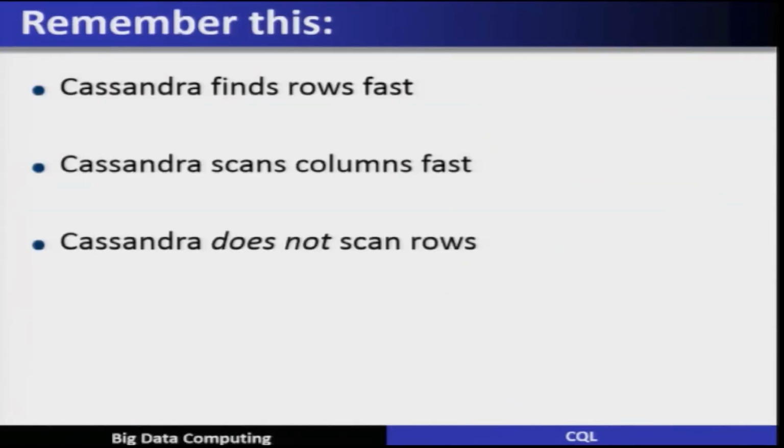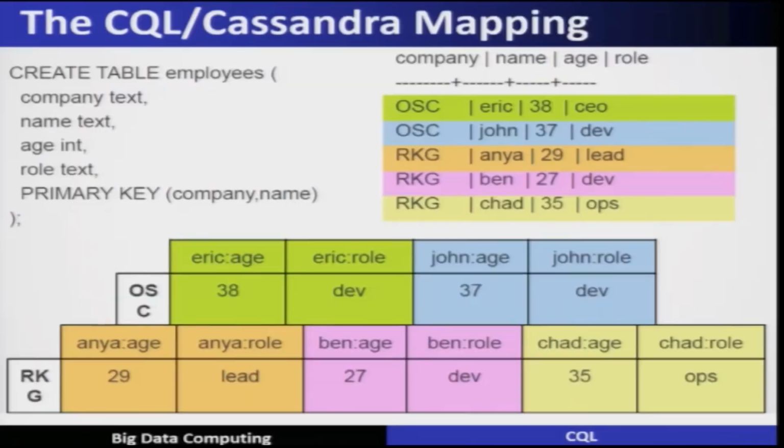That is the important point: Cassandra finds the rows very fast. Why? Because the rows are partitioned on the row keys, hence they are very fast to access.